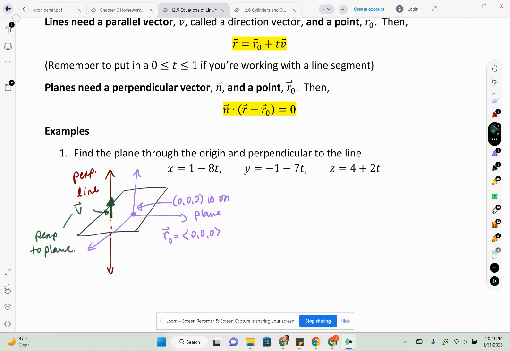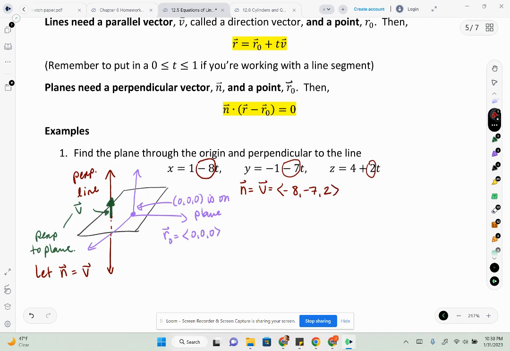So that means we have a really great candidate for a normal vector. We should let our normal vector equal the direction vector from the given line. Let's figure out what that is. These numbers in front of t, the -8, the -7, and the 2, are the components of v. I want n to be equal to v, and v has components -8, -7, and 2.